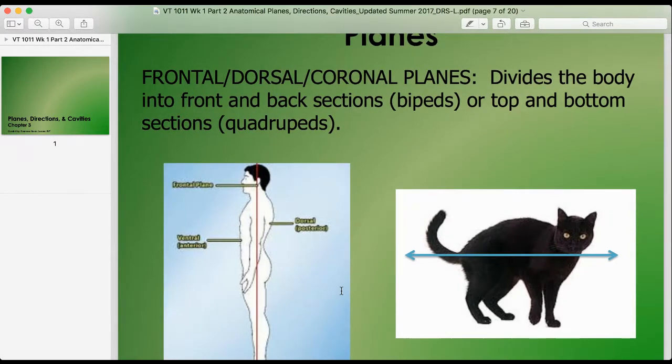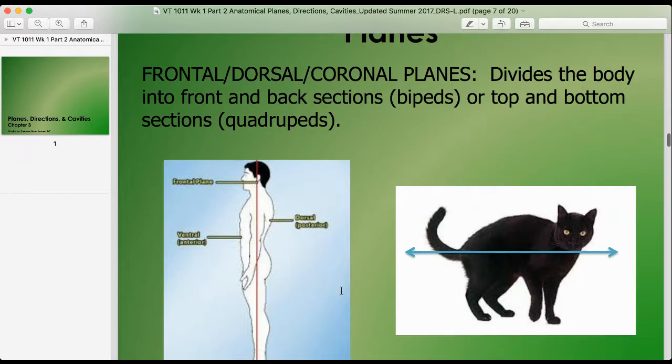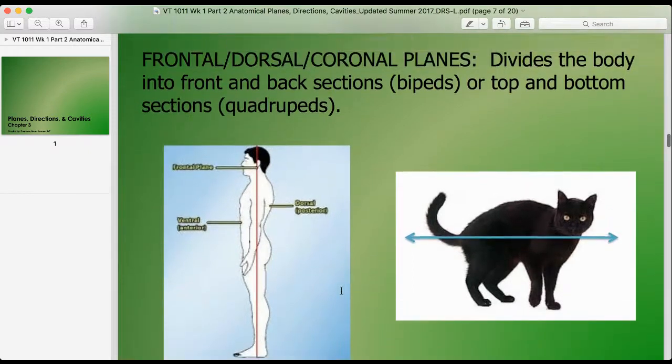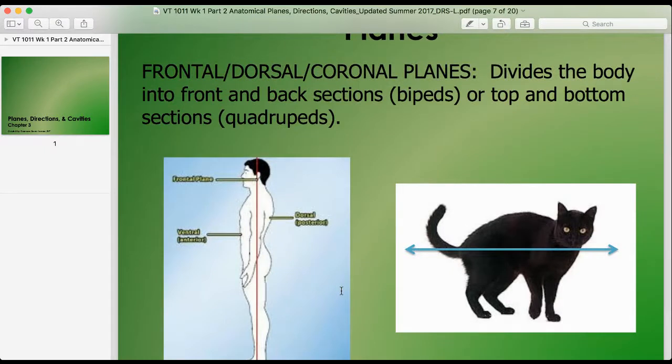So the frontal plane would be more toward the person's head, and the dorsal is toward our rear end and our back side, our spinal area. The ventral would be in the midsection of our human body there. So we got a frontal plane and a dorsal plane.